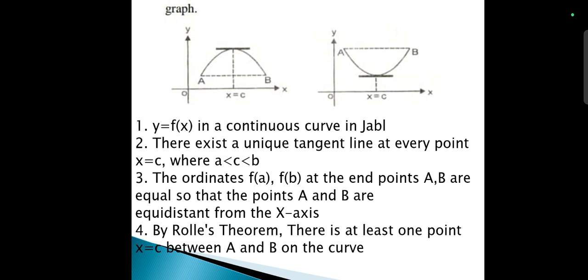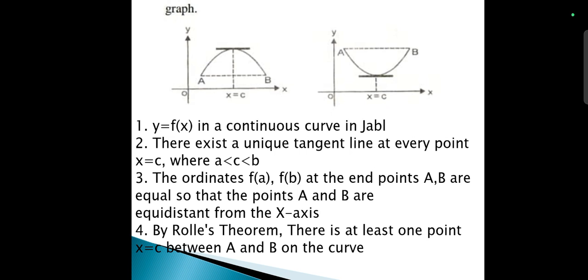Now we shall discuss the graph in terms of its points. Y is equal to f of x is a continuous curve in the graph. There exists a unique tangent line at every point x is equal to c, where a is less than c, c is less than b.